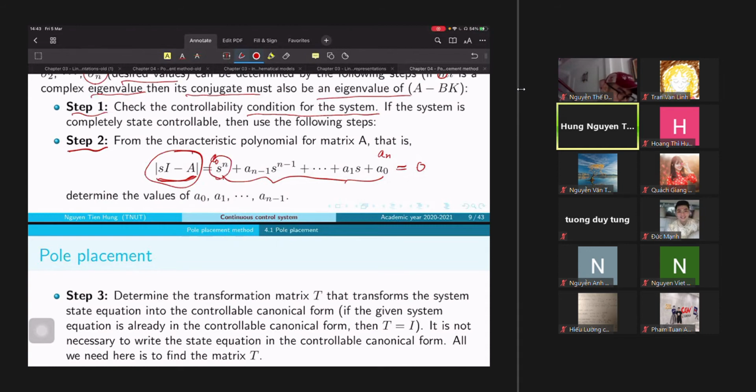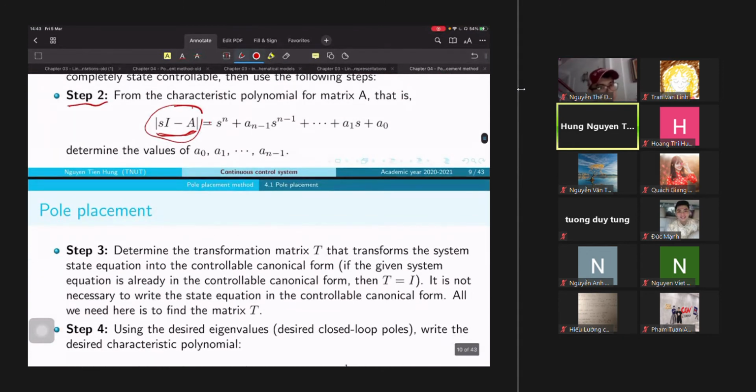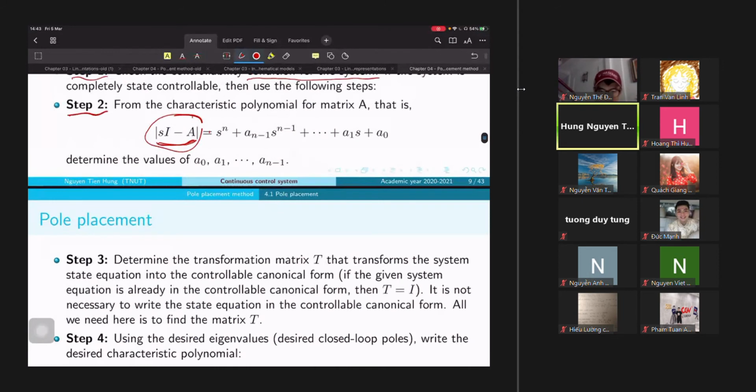So I updated the slide a little bit, and now we have this form. If we find the characteristic polynomial, you can put it in this form, and the coefficients are from a naught, a1 up to a(n-1).